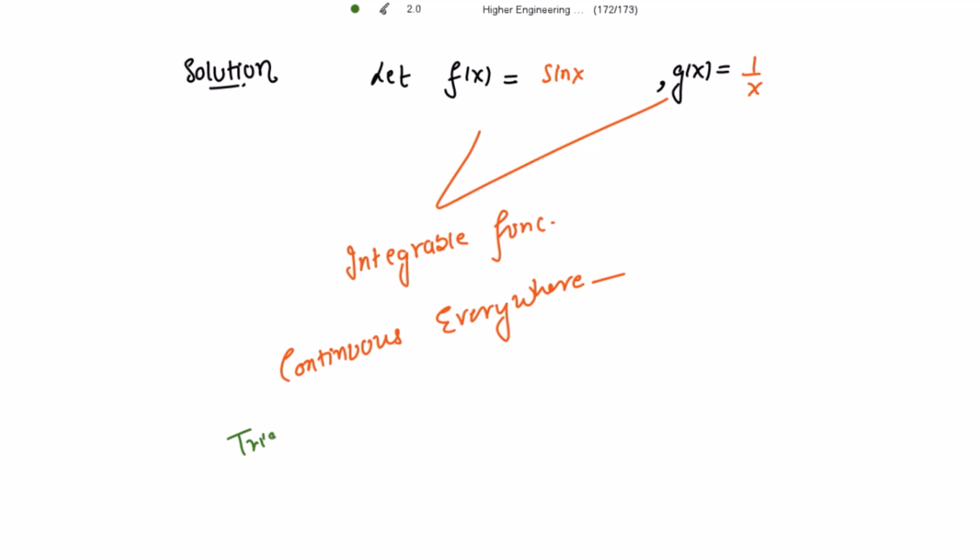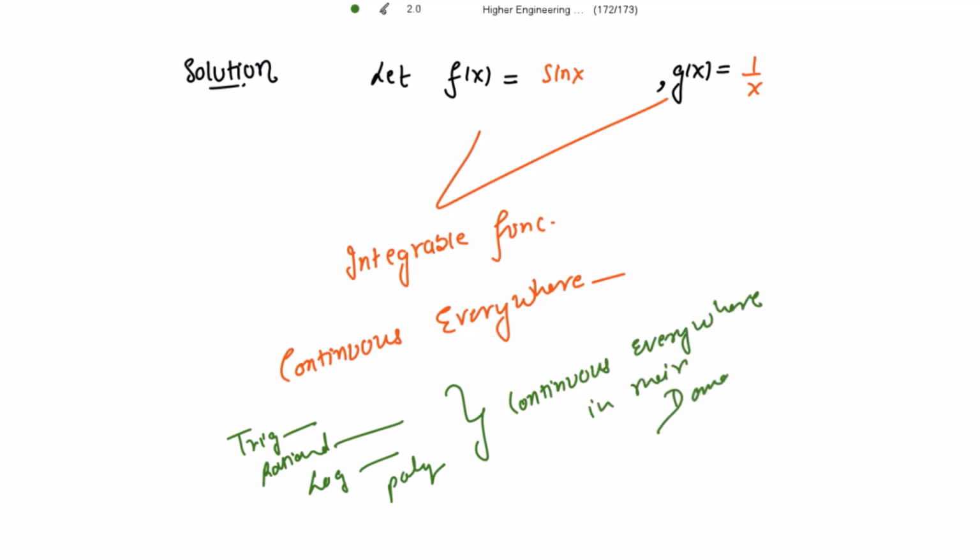Now all the trigonometric functions, rational functions, logarithmic functions, polynomial functions are continuous everywhere in their domain, right? And because sin x is a trigonometric function, it is continuous everywhere, and g(x) = 1 by x is a rational function, it is continuous everywhere in its domain, right?